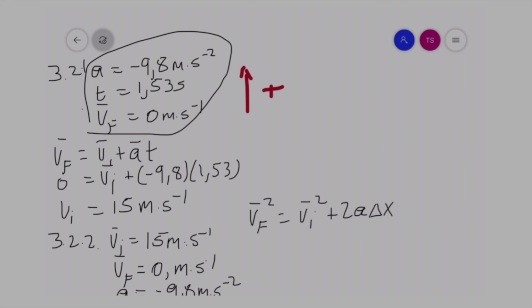What's my v final? My v final is 0. My v initial is 15 plus 2 times negative 9.8. What am I looking for? I'm looking for change in displacement.